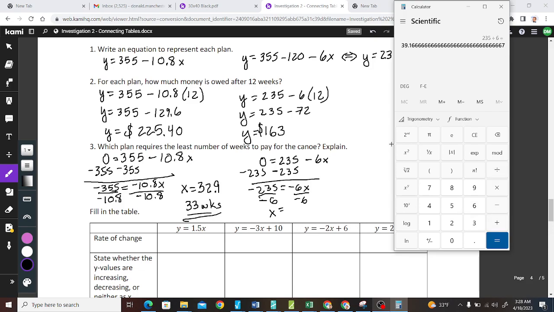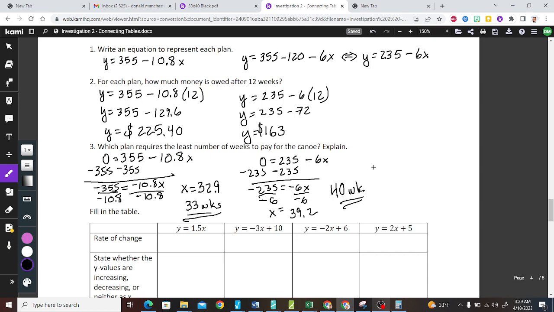That equals 39.2, so that's going to be 40 weeks. Oh, that's interesting. So the least number of weeks is plan 1. Plan 1 requires the least number of weeks.